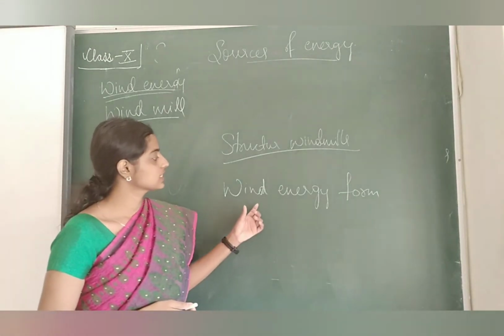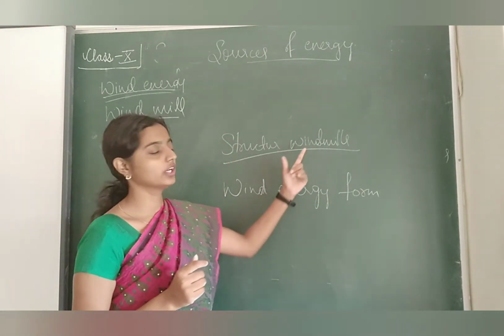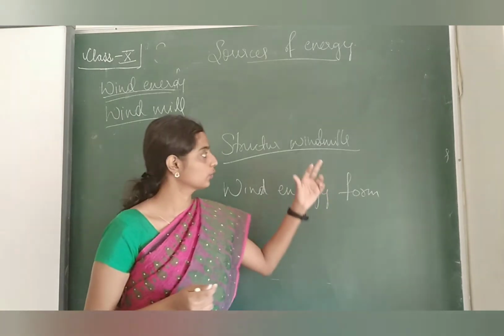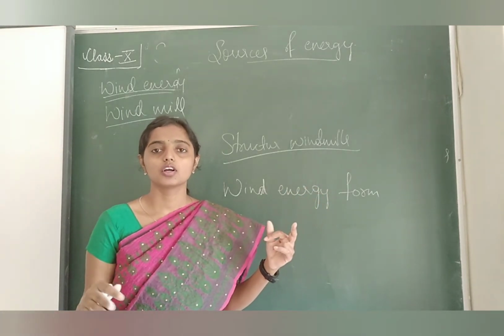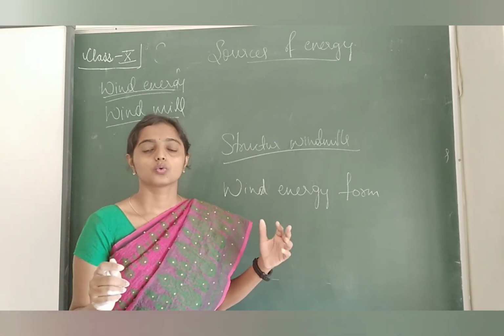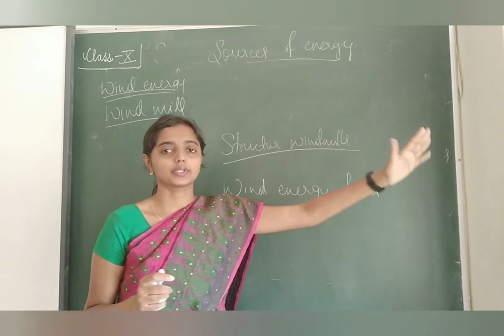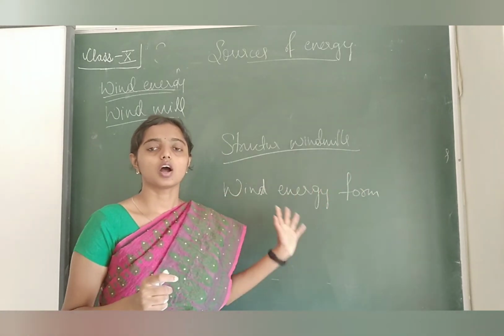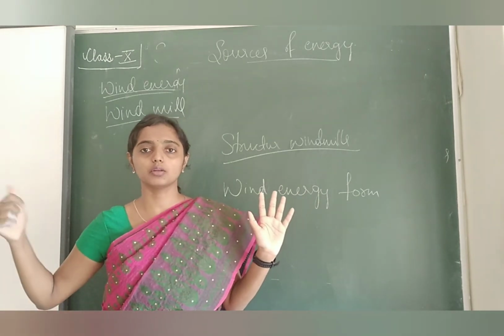So let us see what is wind energy farm. See, if we have only one windmill, the output of that windmill is quite less. That means it can't be used for commercial purposes. So they should place a number of windmills in some particular area, so the output of all the windmills can be used for commercial purposes.